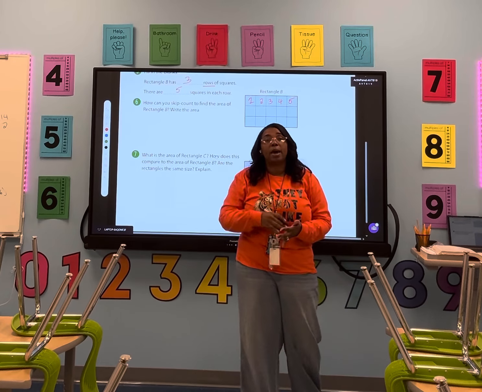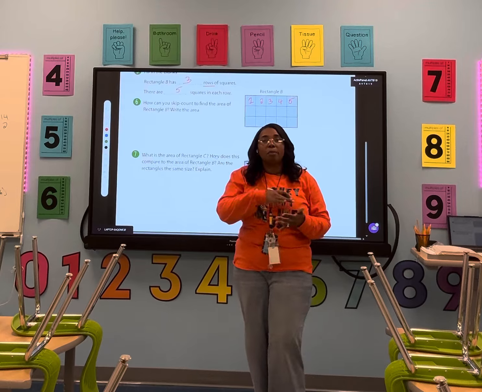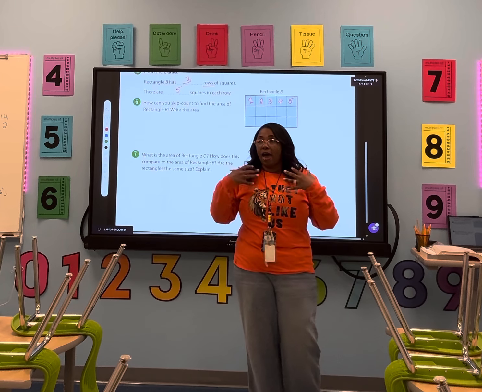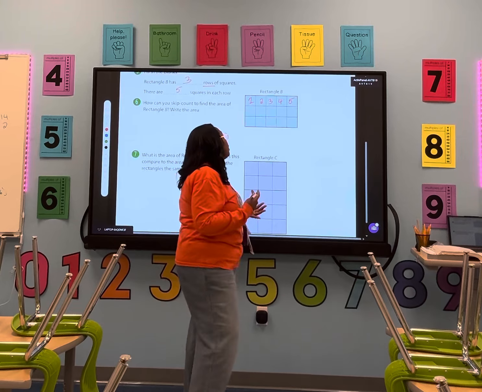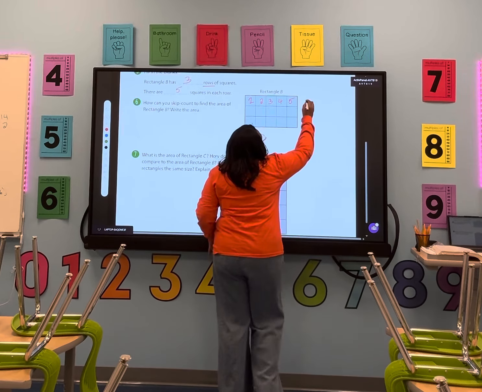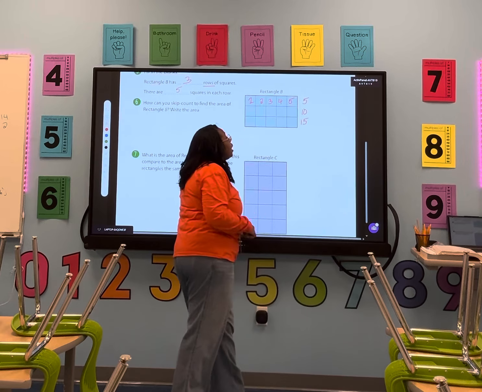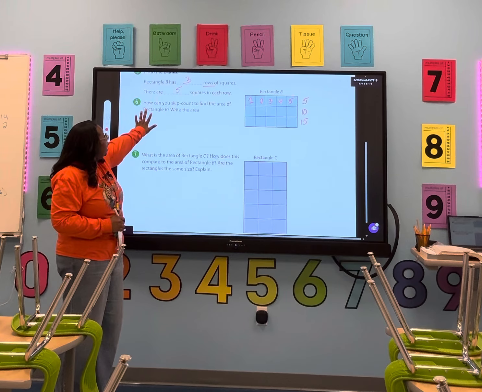This again goes back to our arrays when we do our skip count on the side, and when we know how many are in each row, we can skip count by that number. So if I know that there are 5 in each row, then I can skip count by 5. So this would be 5, 10, 15. So now I know that the area is 15.